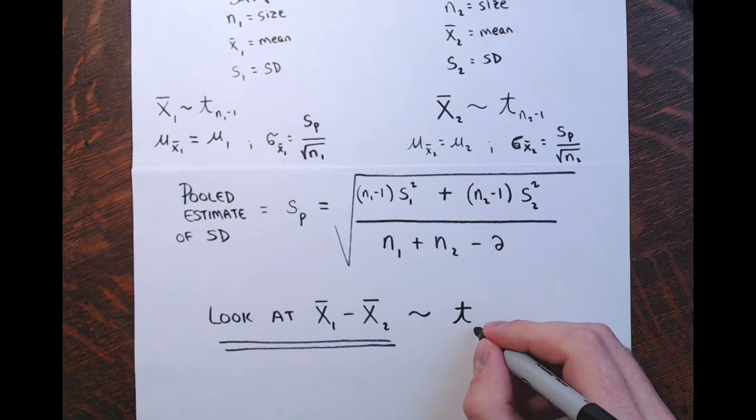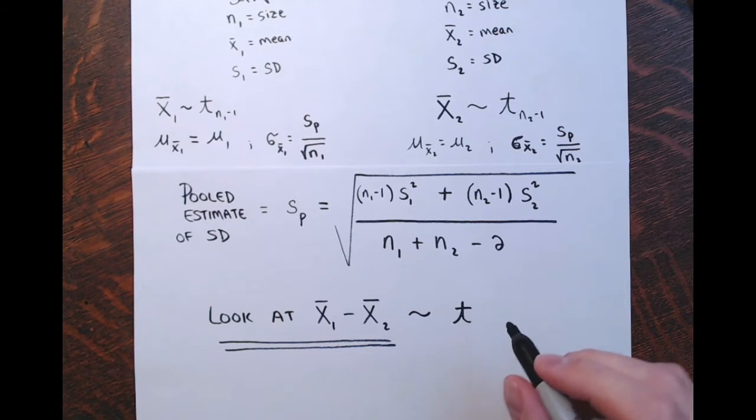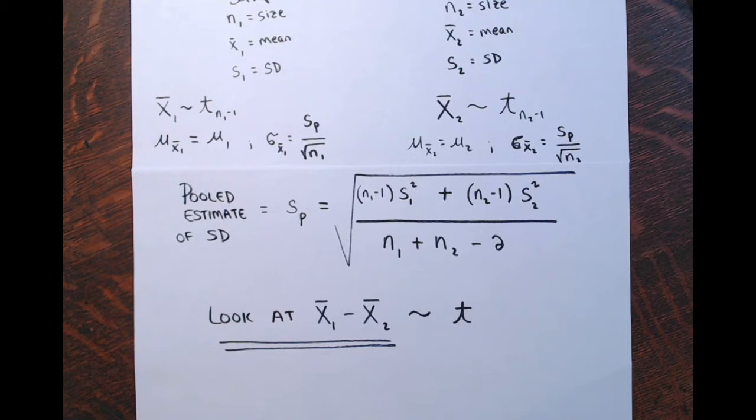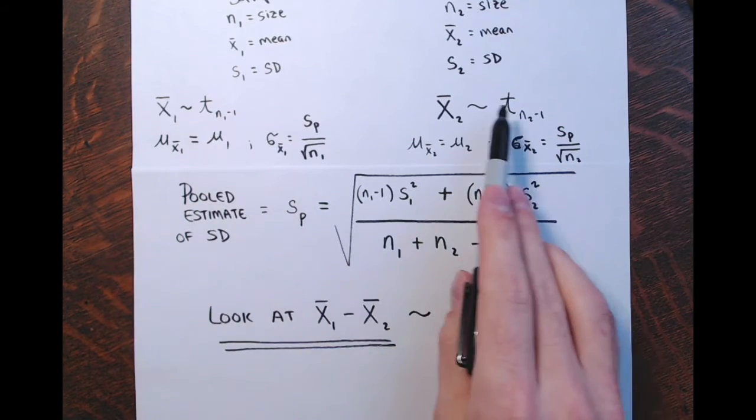with then, for the non-pooled scenario, the number of degrees of freedom was the smaller of n1 minus 1 and n2 minus 1. For the pooled scenario, the number of degrees of freedom for the distribution of x1 bar minus x2 bar will be this denominator here, basically the sum of the degrees of freedom.